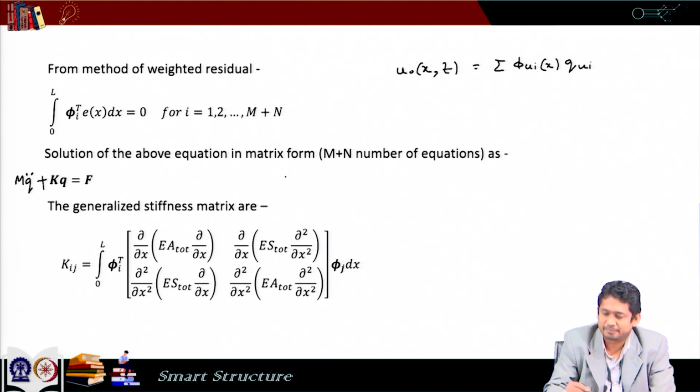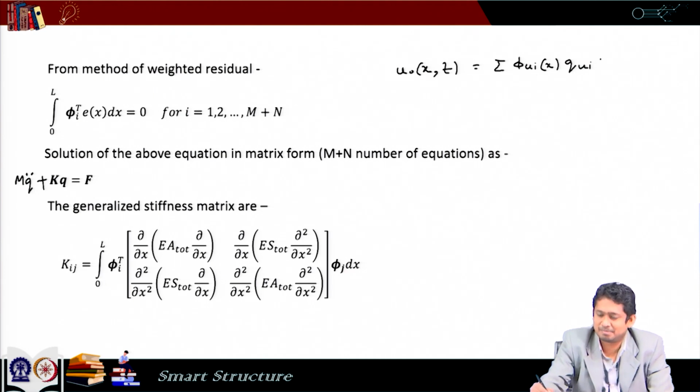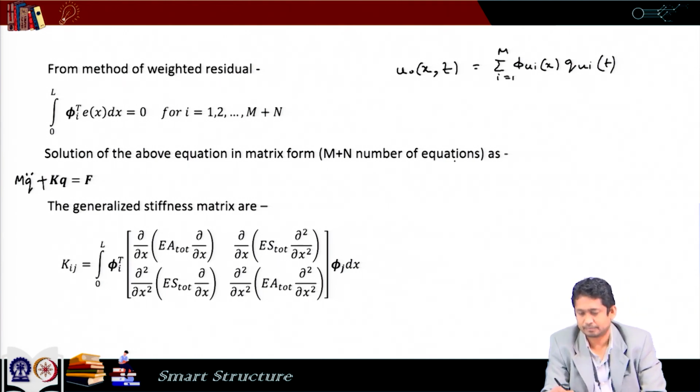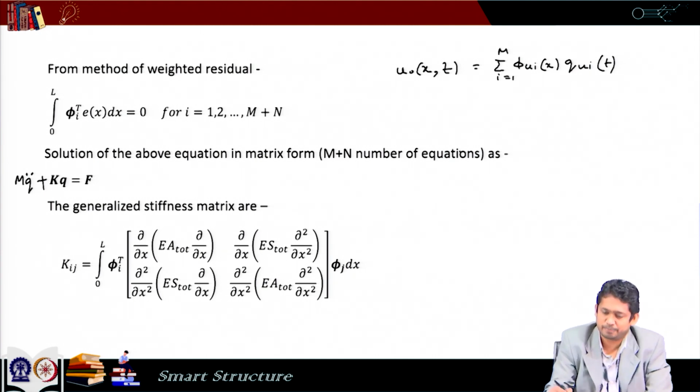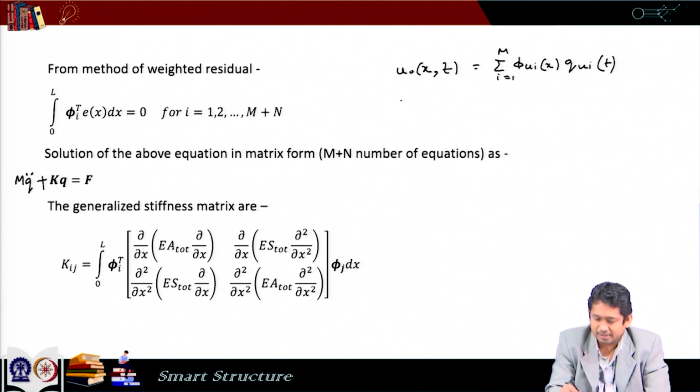So, it is x and t. Now, phi remains a function of x, it cannot be a function of time, but now this unknown q becomes a function of time, and I goes from 1 to m, the number of approximations for u 0, that is m.